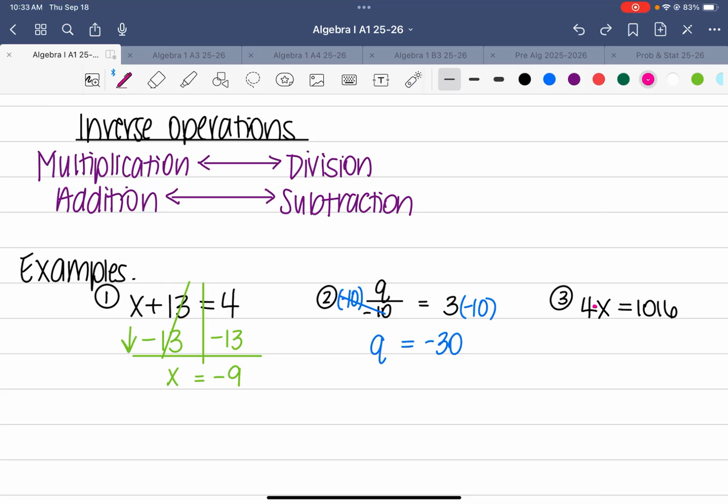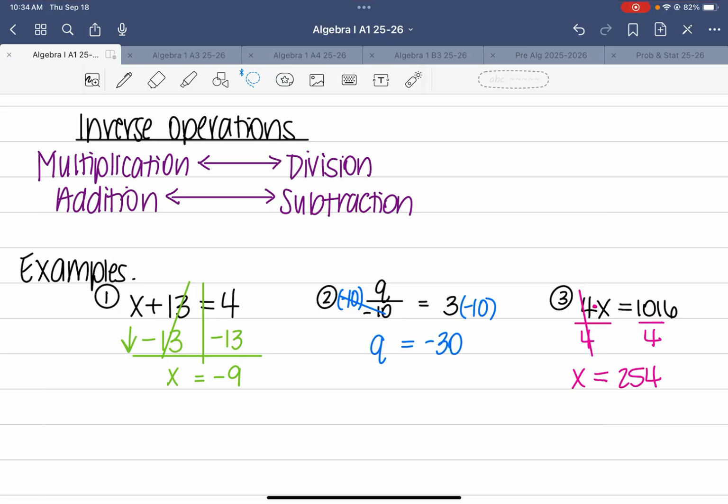Division undoes it. So we're going to divide both sides by 4. 1016 divided by 4 gives me, hopefully, you have a calculator. If you don't have one, go get one. But these 4s cancel out. I no longer need them. Oh, I don't like how crooked that is.